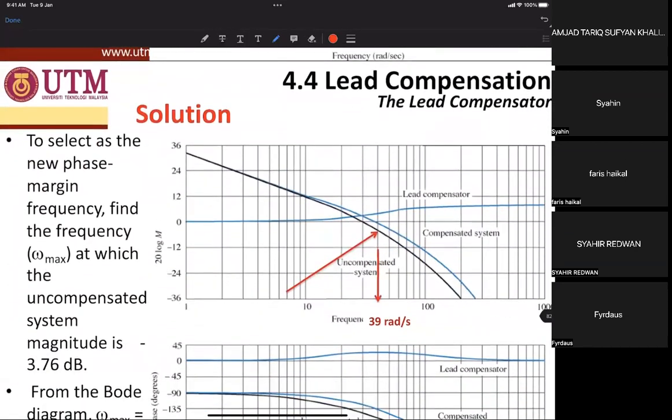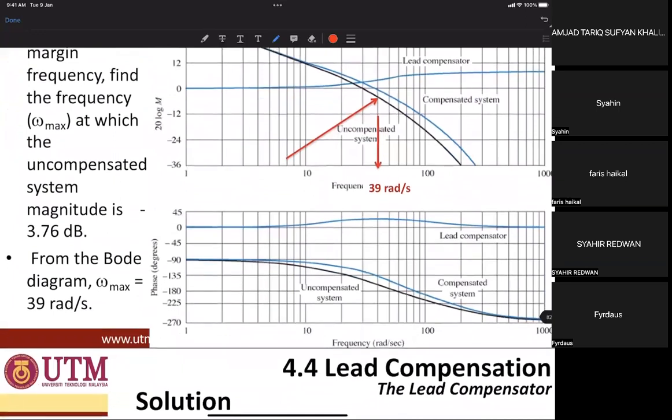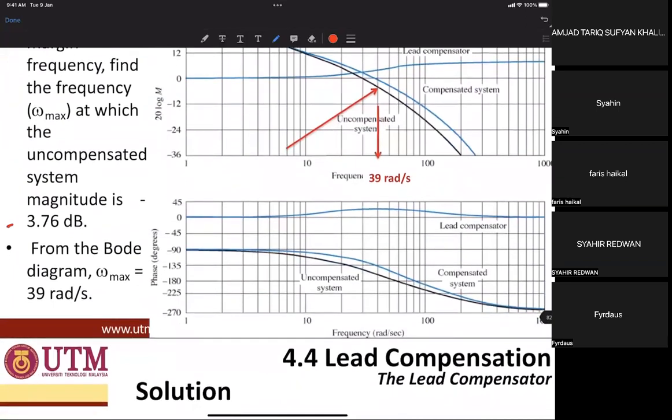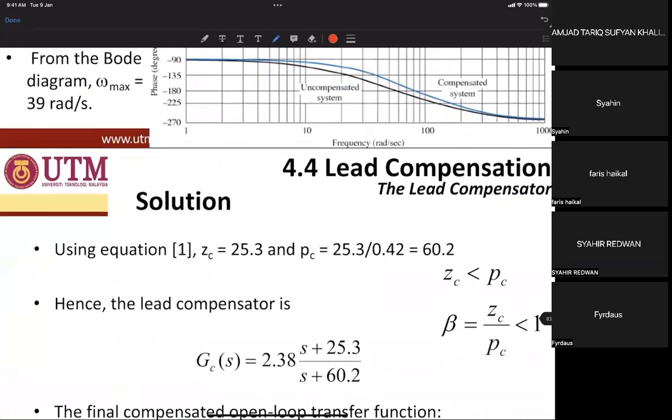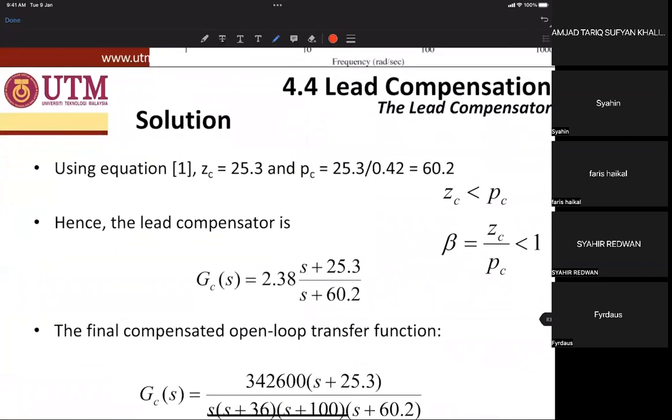To select the new phase margin frequency, the frequency omega max at which the uncompensated system magnitude is minus 3.76 dB. From the Bode diagram, omega max is equal to 39 radian per second, as I showed you before. So ZC 25.3, PC 60.